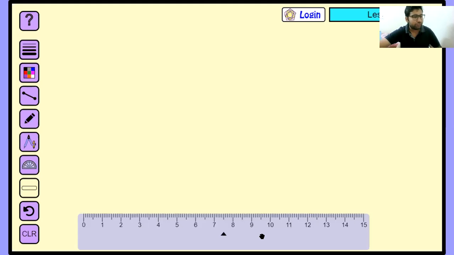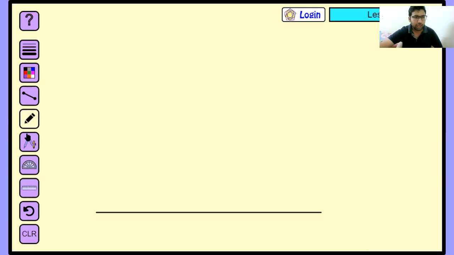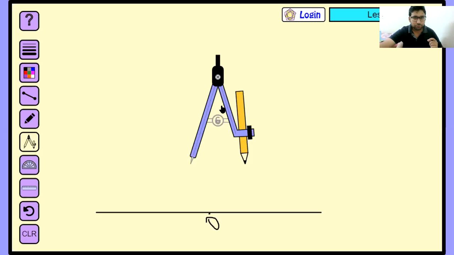Suppose I want to draw 90 degrees with the first method, that is 0 and 90. What I will do, I will take a pencil like this. So this is the line given to me. On this, I have a point O. Now, to draw an angle of 90 degrees, I will make a semicircle using this point.